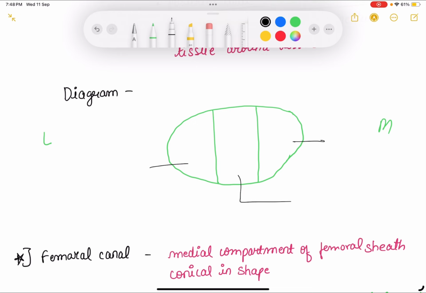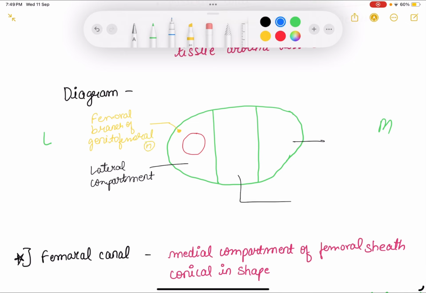Now let us look at the contents of each compartment. First is the lateral compartment. The lateral compartment consists of the femoral artery. A nerve is also observed here, which is the femoral branch of the genitofemoral nerve.